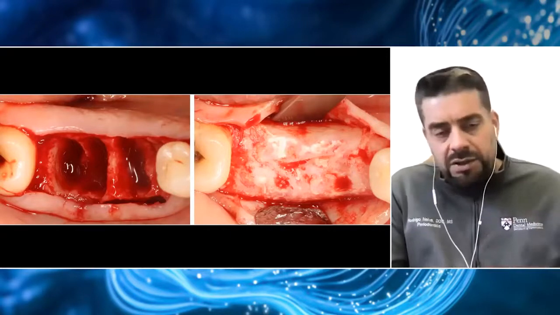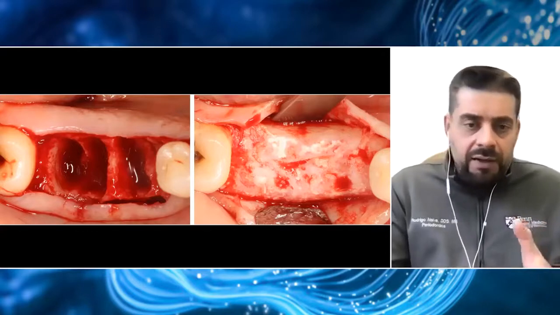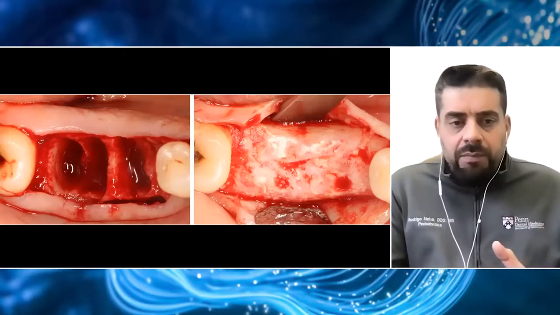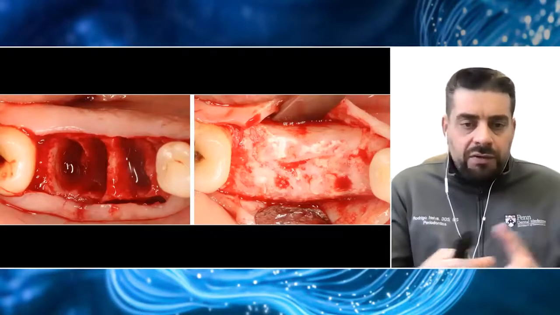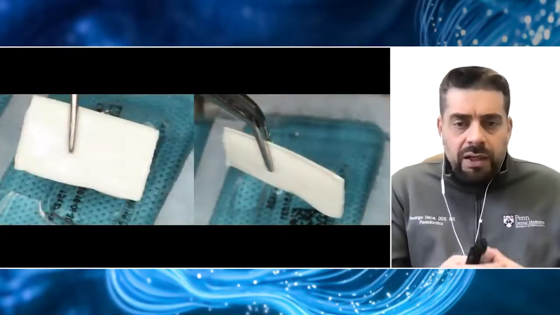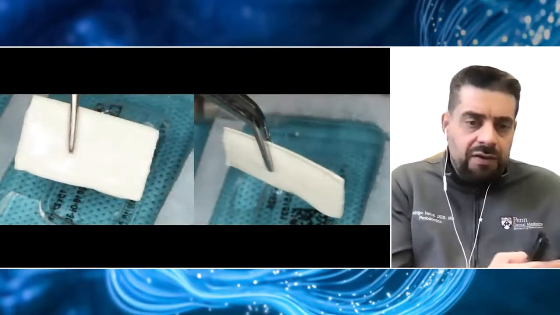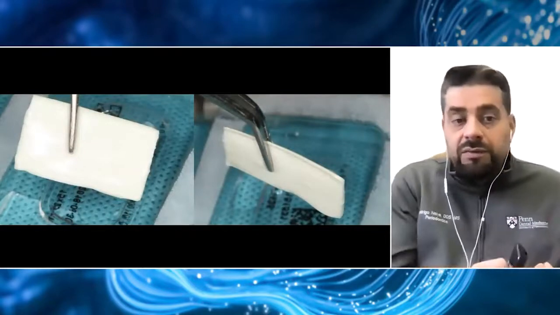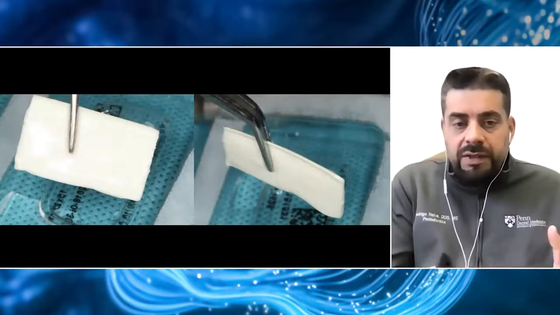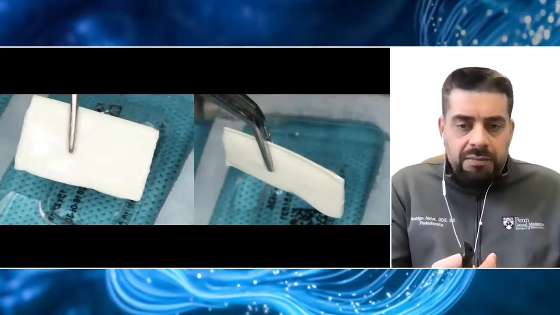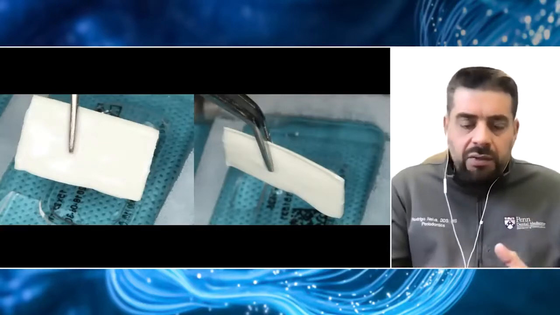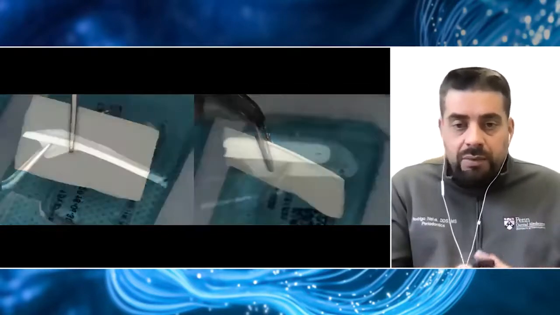This same technology has been used now for the development of another scaffold to help with soft tissue development. So is this a soft tissue scaffold, or an absorbable soft tissue scaffold? What is this? This is a multi-layer membrane-like material that can be either used as a single layer or can be used as a double layer.